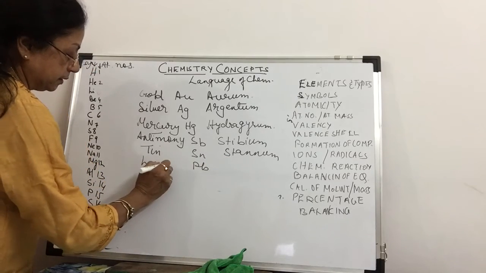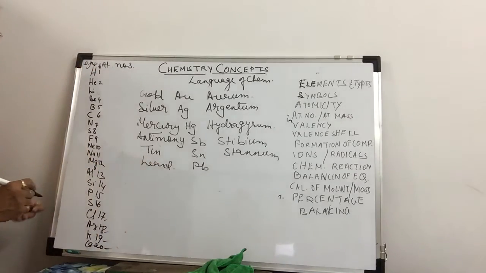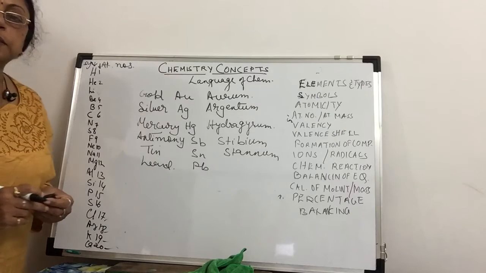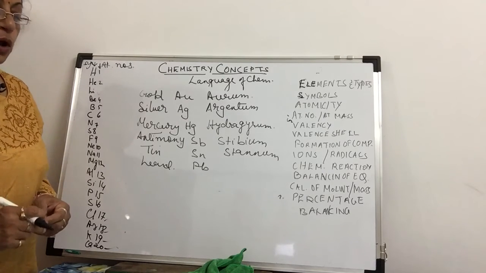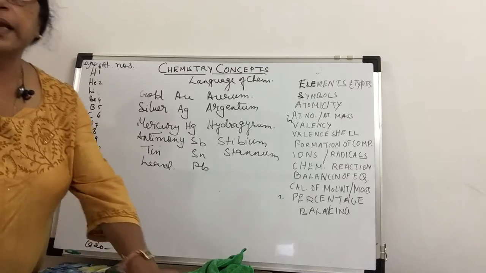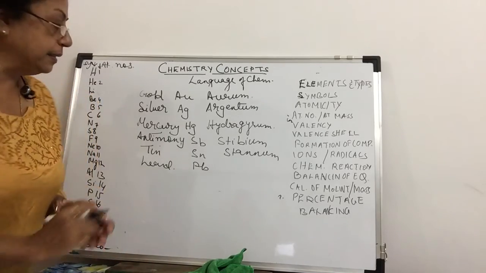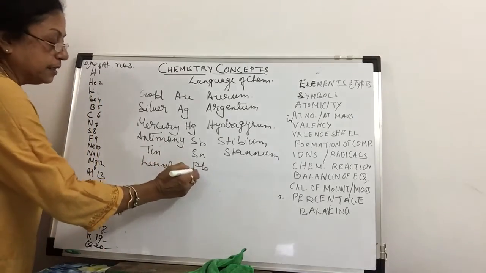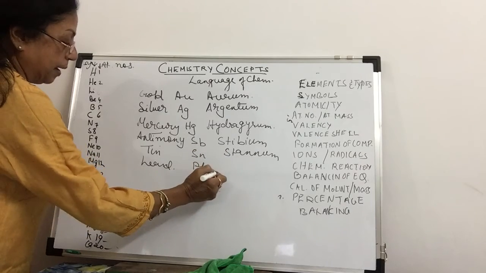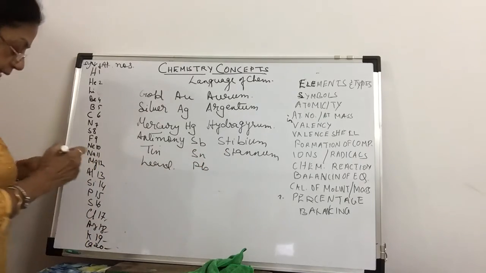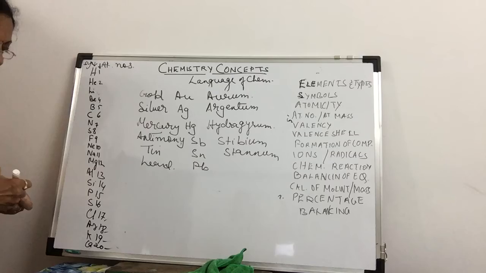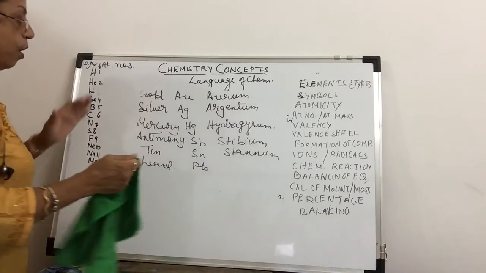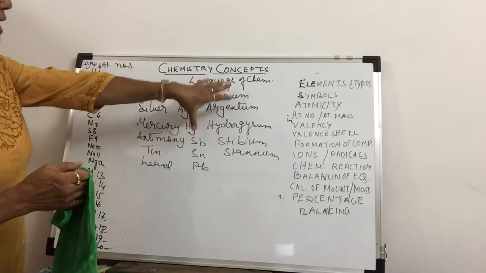Then comes the next one. In this way you will get some elements whose names came from words. This is stannum, then plumbum, and all these things. All these came from Latin words.